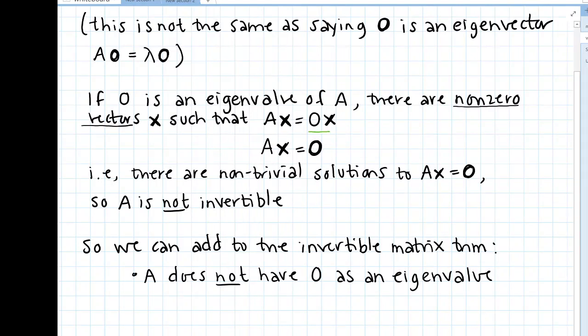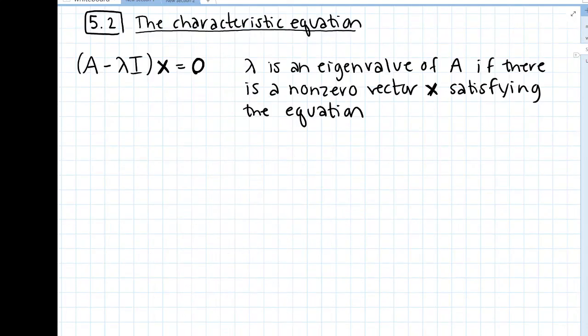And when you have 0 as an eigenvalue, that leads you to having A times x equal to 0. Now we're talking generally about finding any eigenvalue. You're always going to start by setting it up like this: A minus lambda I times x is equal to 0. Okay, so lambda is going to be an eigenvalue if there's a non-zero vector that satisfies this equation.